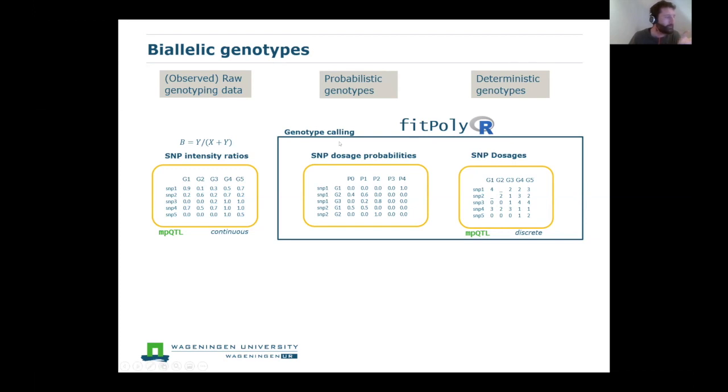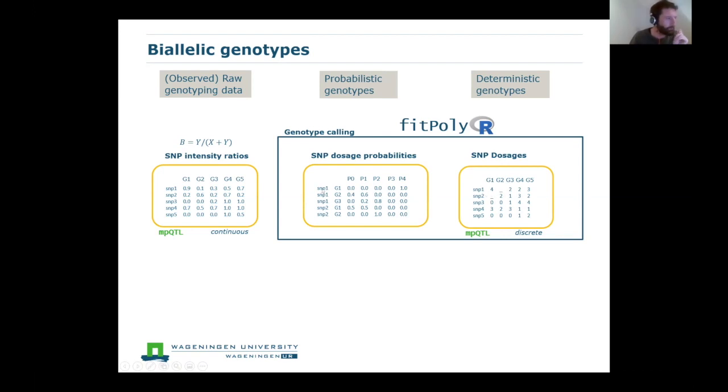And actually, FitPoly first is estimating a probability for having each, so the probability of having a certain dosage, a dosage of 0, dosage of 1, of 2 or 3 or 4. And then based on this probability is assigning a more deterministic dosage.